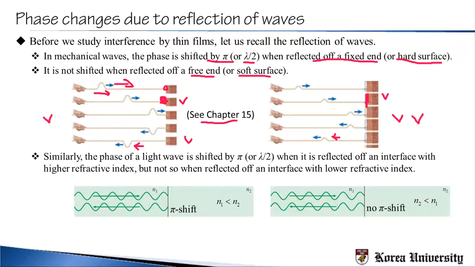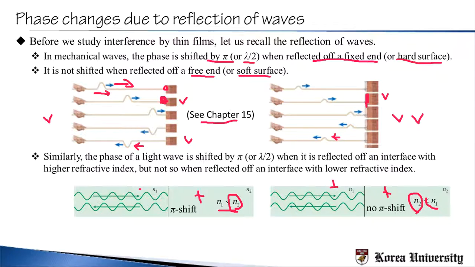For light, a hard surface is the surface going into the medium of the higher refractive index, and a soft surface is like going into the medium of the lower refractive index. So here in this case, n2, this part is higher and this part is lower, and here this part has a lower refractive index and this part has a higher refractive index.